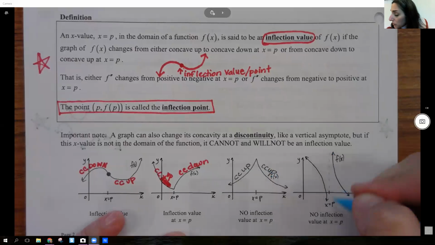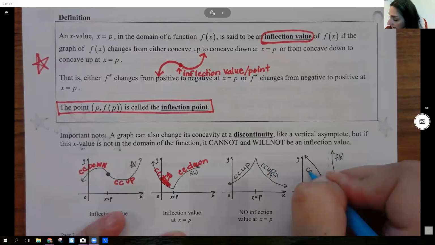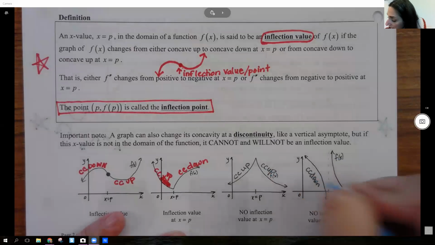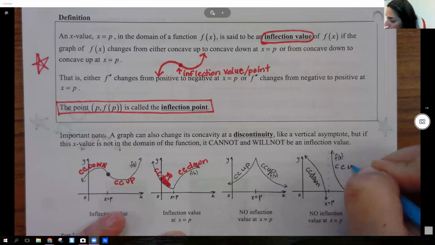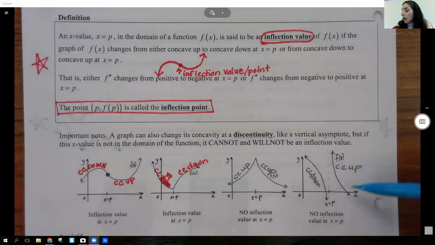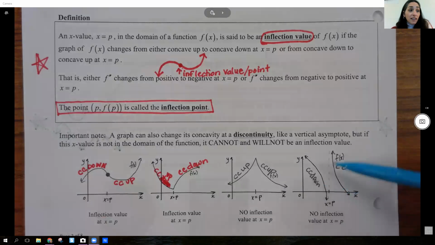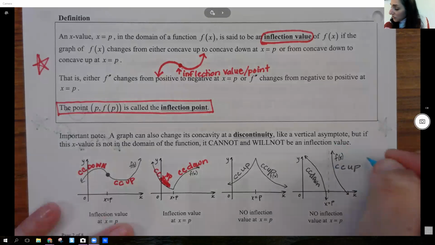And then this one, this one's concave down, and this one is concave up. Even though these changed, you don't actually have a point. It turned out to be a vertical asymptote. So that's a tricky one right there.